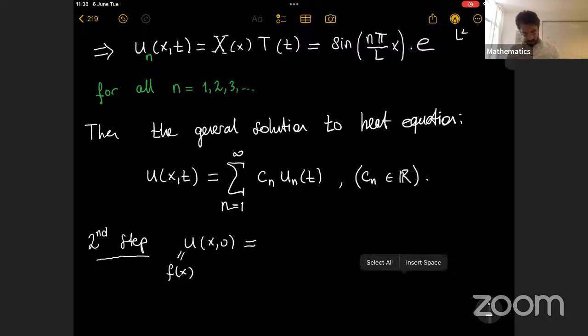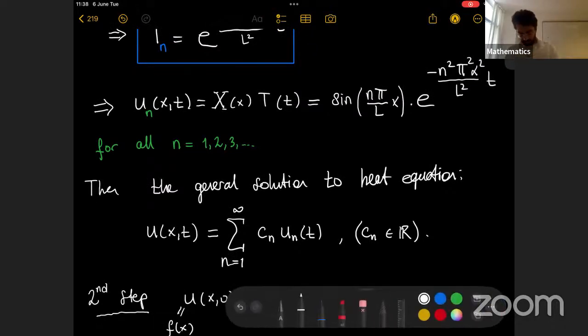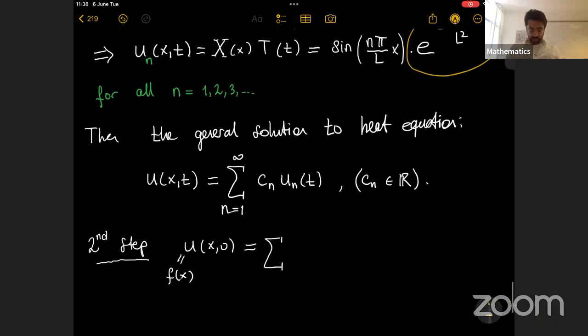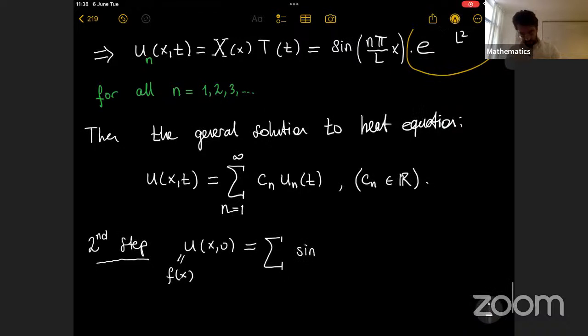When t is equal to 0, we get e to the 0, and e to the 0 is 1, so you will end up with only sine n pi x over L. Here, n is from 1 to infinity.